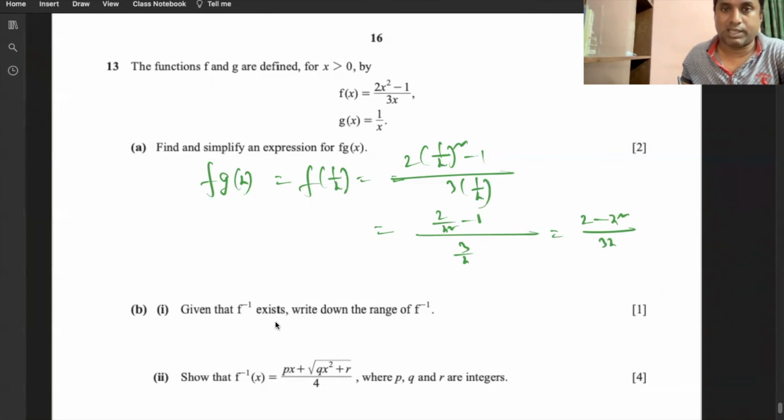Now f inverse exists. Write down the range of f. The domain is x greater than 0. x cannot be 0, since x greater than 0 is always positive.